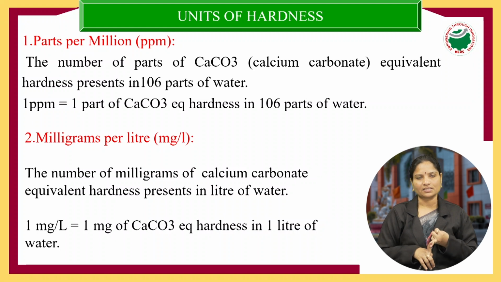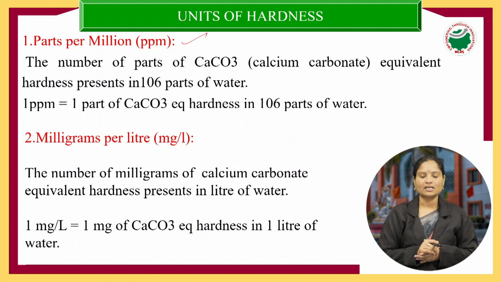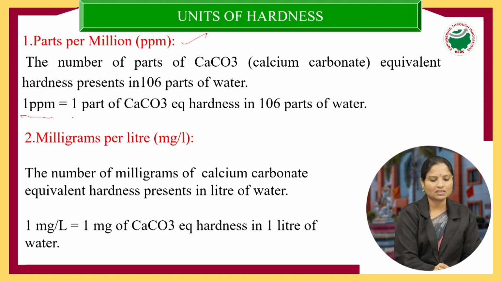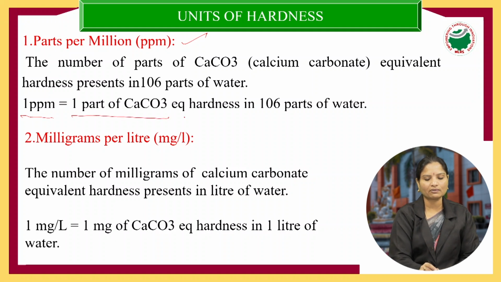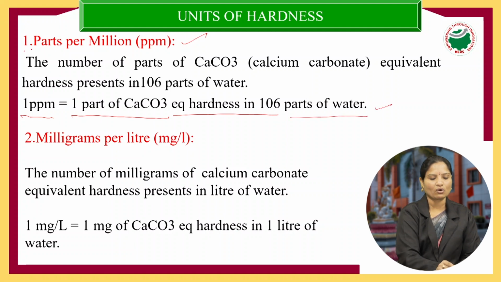First we define parts per million: the number of parts of CaCO3 equivalent hardness causing salts present in 10 power 6 parts of water is called ppm. So 1 ppm is equal to 1 part of CaCO3 equivalent hardness in 10 power 6 parts of water.